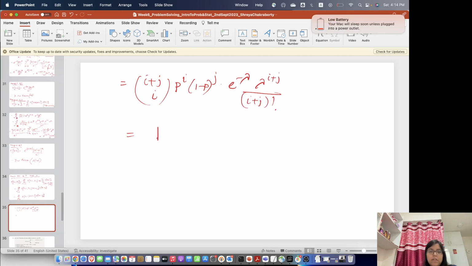So this can be written as p to the power i, (1 minus p) to the power j, e to the power minus lambda, lambda to the power i, lambda to the power j by i factorial j factorial.